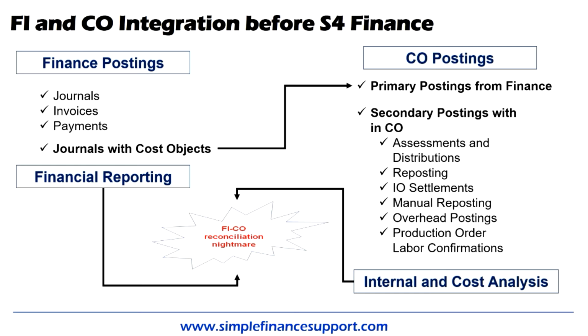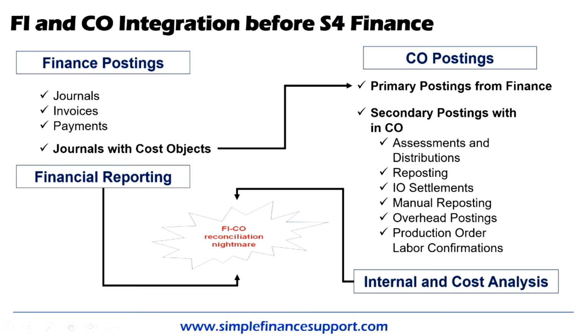And the changes which are posted in CO were never reflected in the finance, so there used to be a lot of problems as far as FICO reconciliation. We can call it a FICO reconciliation nightmare. For example, if anything is posted in finance with a particular cost center, and through allocations the values from that cost center are moved to some other cost center, they are not reflected on the finance side.